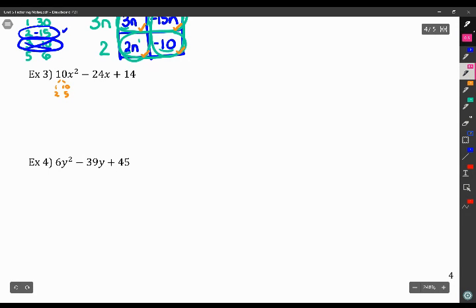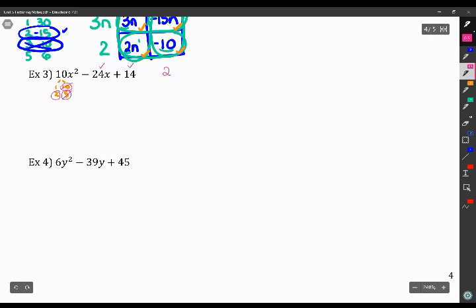And so as I look at 10, does 10 go into 24 evenly? It doesn't, so we cross it off. We go to 5. Does 5 go into 24 evenly? It doesn't. So we cross it off. And then we go to 2. Does 2 go into 24 evenly? It does. Does 2 go into 14 evenly? It does. So that makes it so we're going to take 2 out of everything.